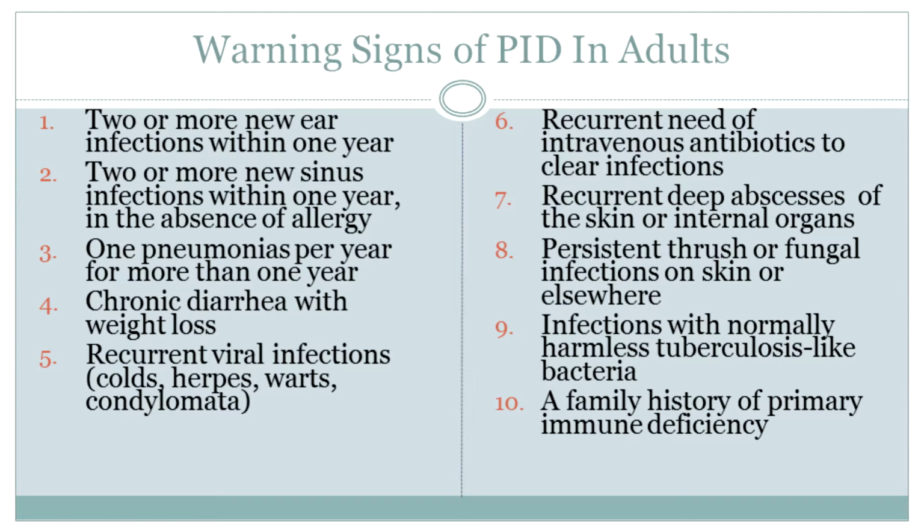Two or more new ear infections in one year, two or more new sinus infections in one year that are not related to allergy, one or more pneumonia per year for more than one year, chronic diarrhea with weight loss, recurrent viral infections, recurrent need for IV antibiotics to clear infections, recurrent deep abscesses, persistent mucocutaneous candidiasis, recurrent infections with bacteria that are typically harmless, and finally, a family history of primary immune deficiency.